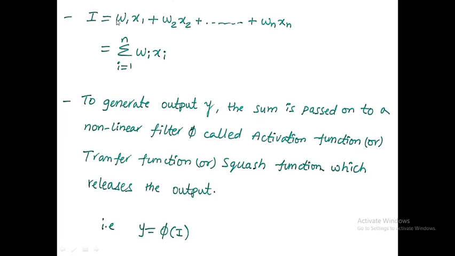What is the output of the summing unit? The sum I is equal to the weights multiplied with the corresponding inputs, that is W1X1 plus W2X2 and so on up to WnXn. That is nothing but the summing weight.